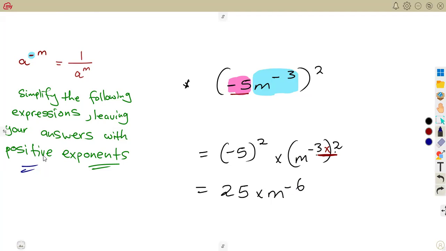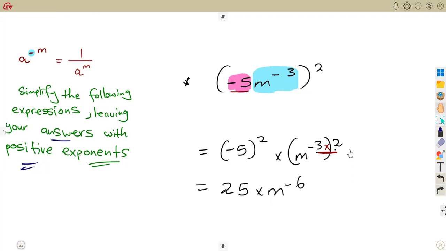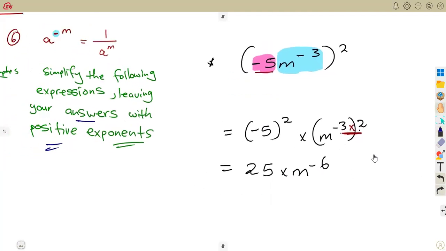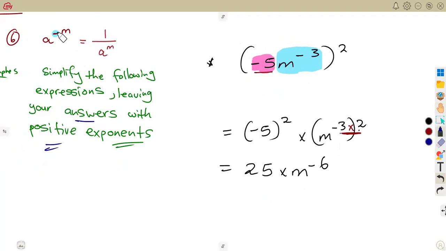We are told our answers are supposed to be what? Positive exponents. So we are supposed to get rid of that negative using what? Law 6. A negative can be removed, 1 over. Remember this? So that's 25 times 1 over m to the exponent of 6. 25 is a whole number. So as a fraction, 25 over 1.